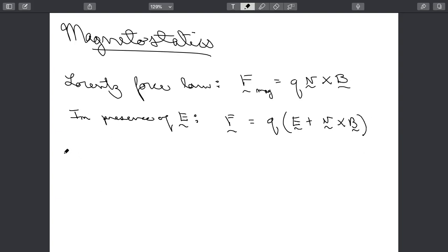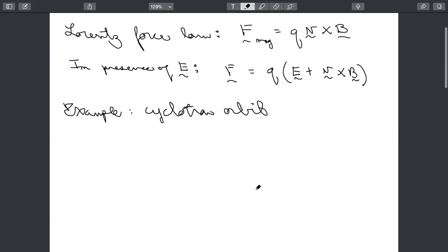One of the examples is the cyclotron orbit. So what is that? I have a magnetic field going, I don't know if you've got this convention here, so if I write it like this, it's going inside the page, because you see the butt of the arrow, and the arrow has these four little feathers.